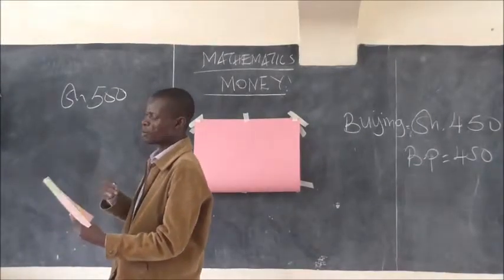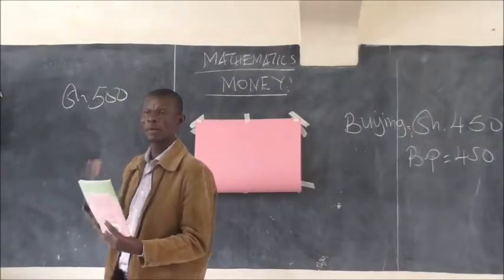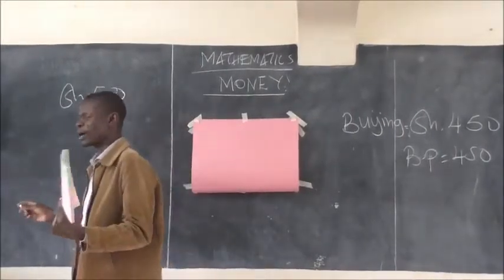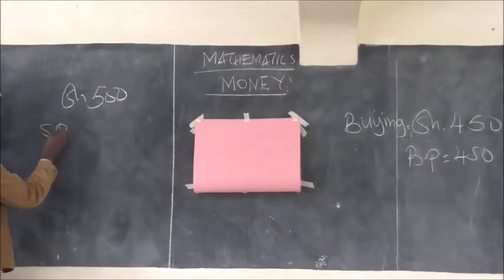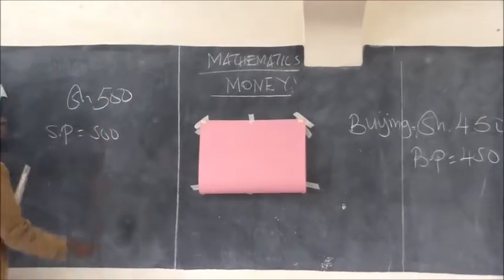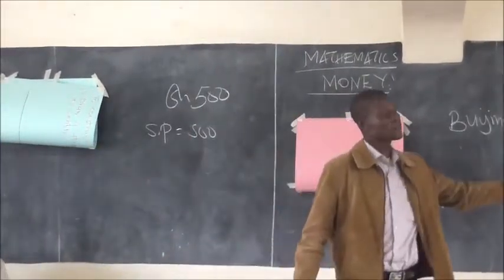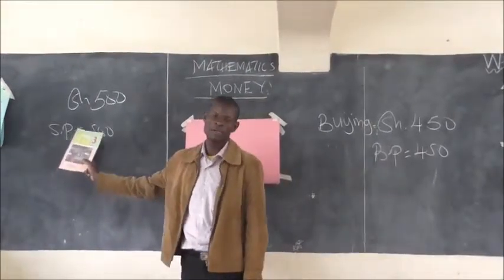So now, being the retailer, he's selling the book to me. Now the book was sold to me at 500 shillings. So the amount of money I paid now is referred as the selling price. So the buying price for this book was 450 shillings, but the selling price for the same book is now 500 shillings.